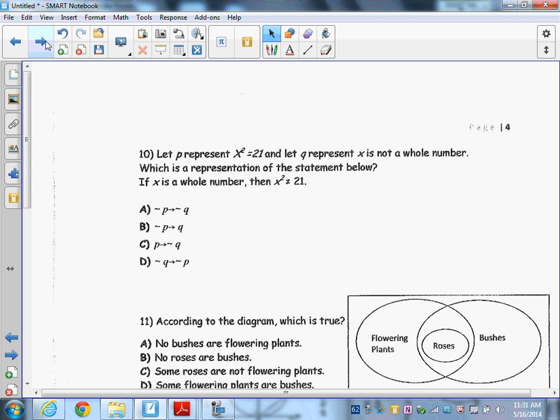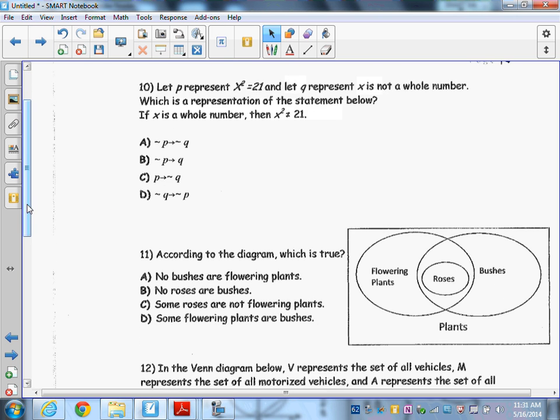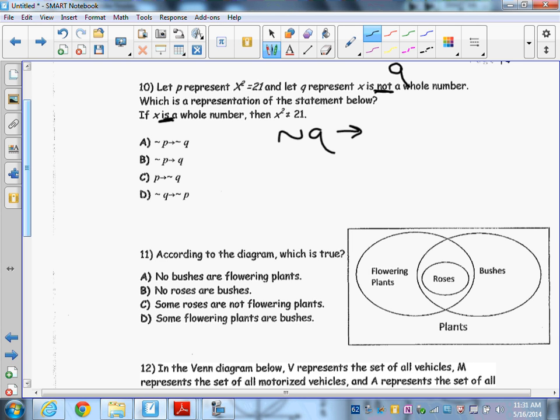We have just a few more problems here. Number 10 says, let P represent x squared is equal to 21, and let Q represent x is not a whole number. So which is the representation of the statement below, if x is a whole number? So we have Q here, we have is. We do not have the not, so that means it's going to be not Q, because a double negative will be a true statement, and you get rid of the nots.